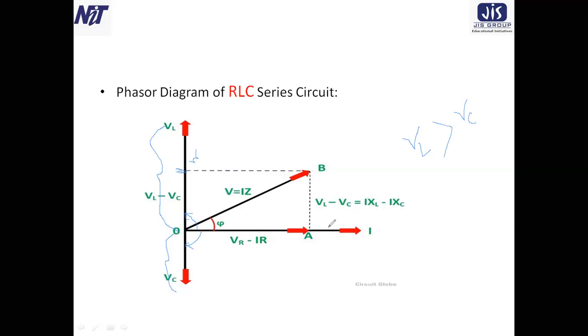So the vector summation of OA plus AB is actually the applied voltage V equals IZ, and we are considering that the angle between the applied voltage and the voltage across the resistor is phi. So this is the process to draw the phasor diagram of a series RLC circuit.